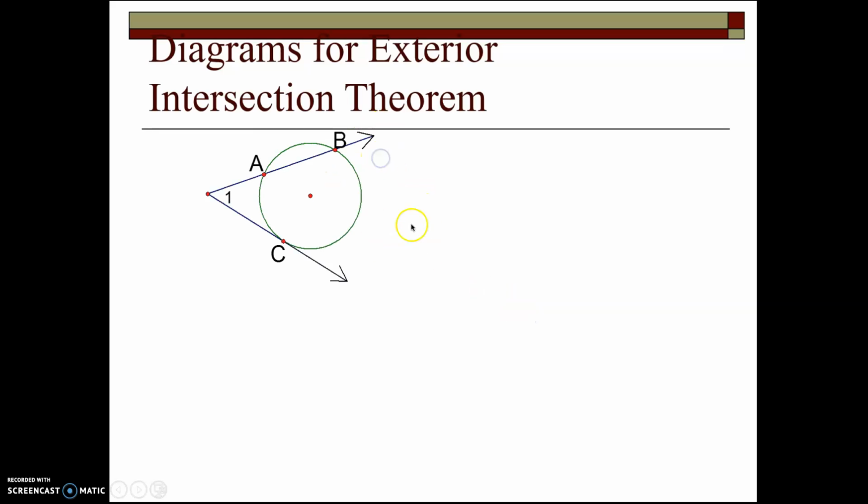A diagram for this, here's where you have a secant, AB, and then this tangent. And that's going to be, angle 1 is going to be 1/2 the difference of the big arc, BC, minus the small arc, AC.